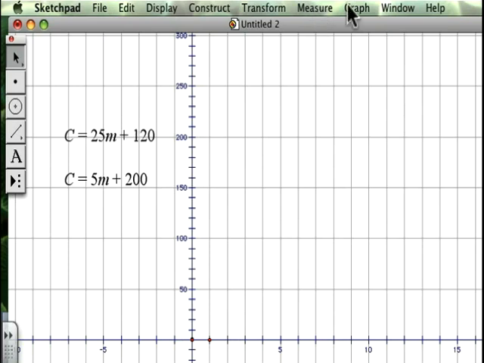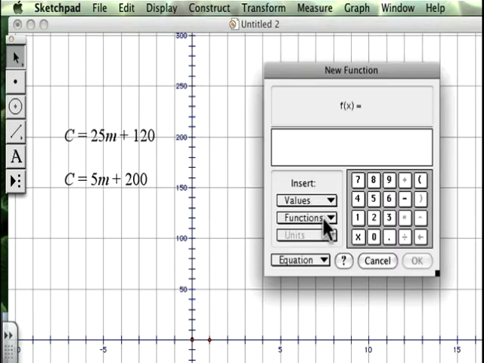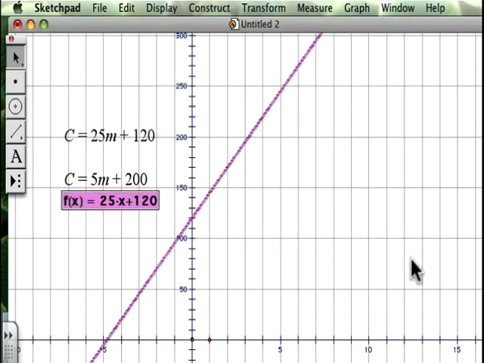Now what we're going to do is plot the first function, and it's going to be 25 times x, which is our m, plus 120. So there's our graph.